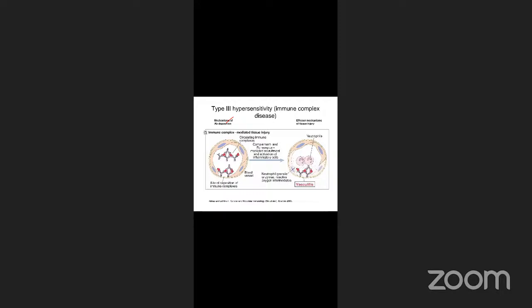For example, Arthus reactions. All Arthus reactions are hypersensitivity type 3 reactions, and serum sickness is also an example of hypersensitivity type 3 reactions. Necrotizing vasculitis, glomerular nephritis. Glomerular nephritis is a major consequence of the hypersensitivity 3 reaction.